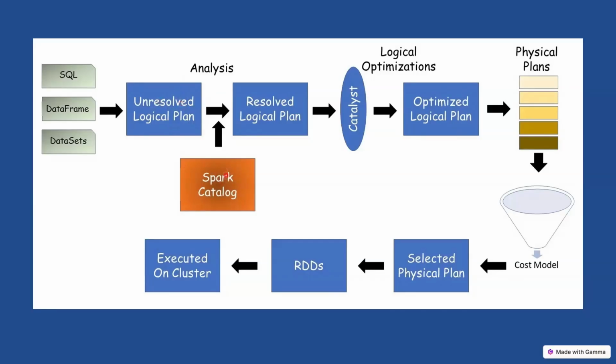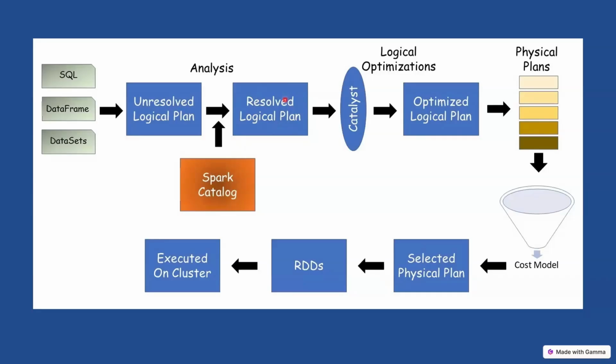Your Spark catalog does analysis on the piece of code that you have written. Let's say your data frame is reading data from a CSV location or databases. The Spark catalog understands that you are reading data from the CSV or table, and then it creates the resolved logical plan.